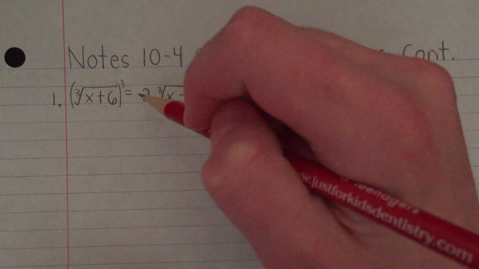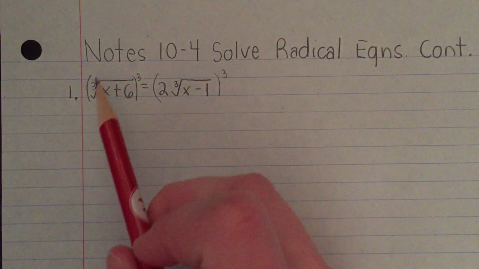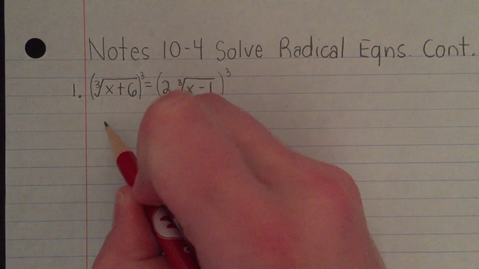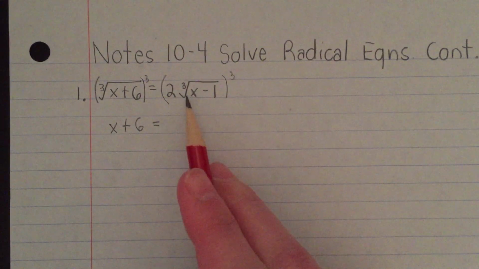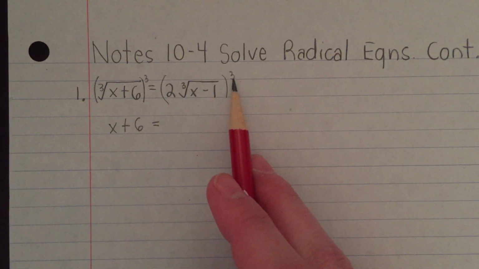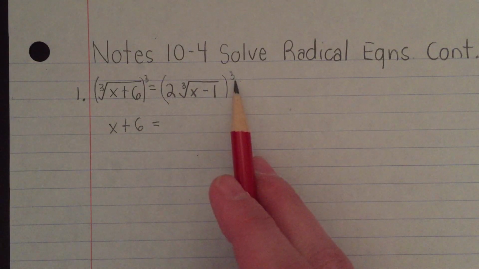So on this one, if I raise this to the third power, raise this to the third power, what happens on this side on the left is the cube root and the cube cancel, so I've got x plus 6. Now on this side it's not quite as simple. You've essentially got 2 to the third power and then cube root of x minus 1 to the third power.